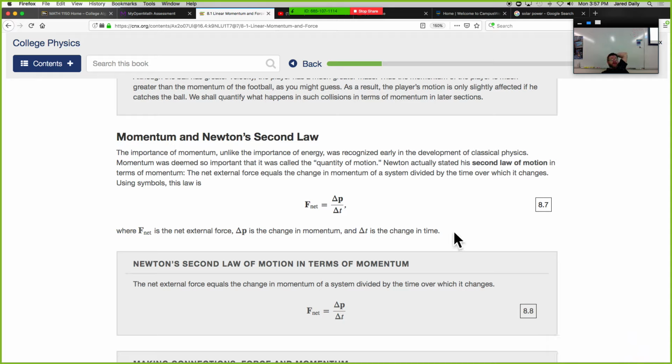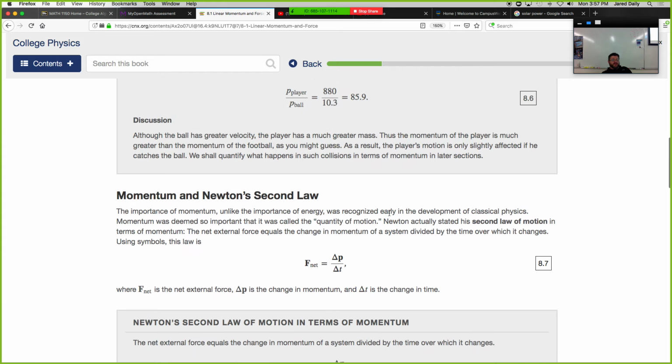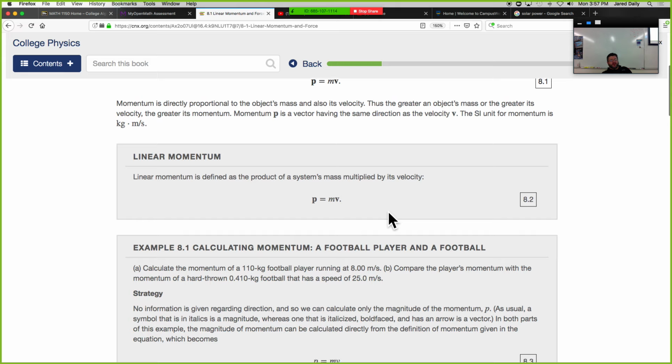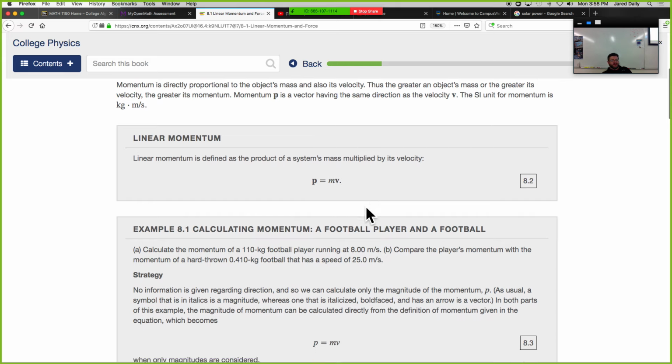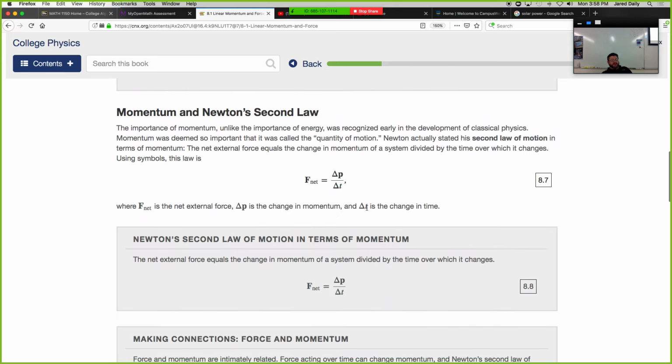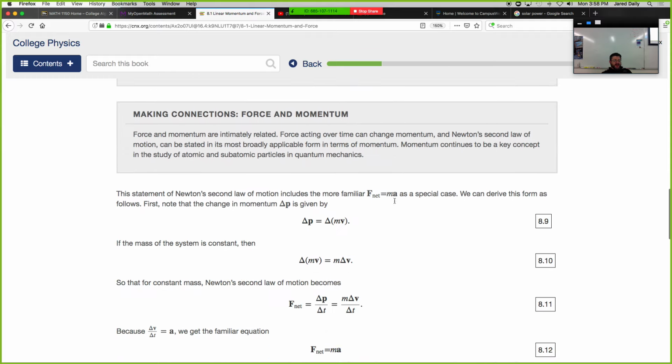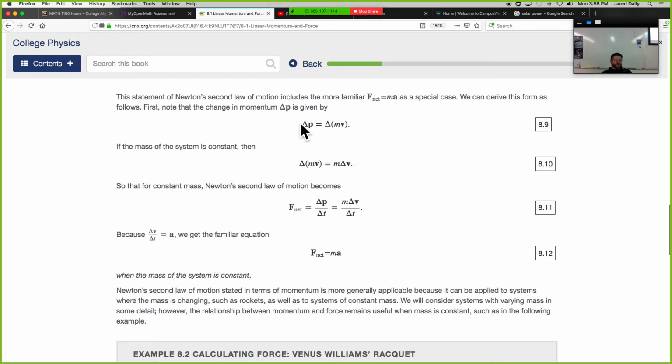So it turns out that if you play around with the equation, momentum equals mass times velocity, right? If you play around with Newton's second law, you actually get this result. And they actually do it right here. Here is momentum. Momentum is mass times velocity.